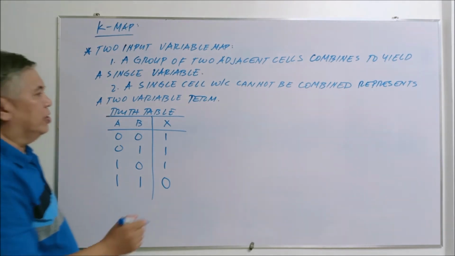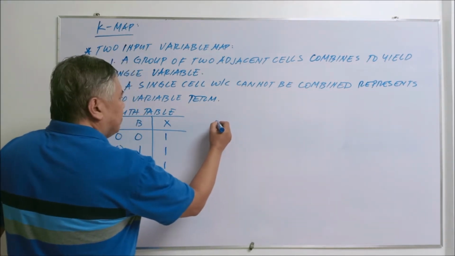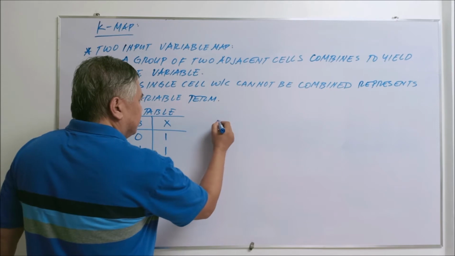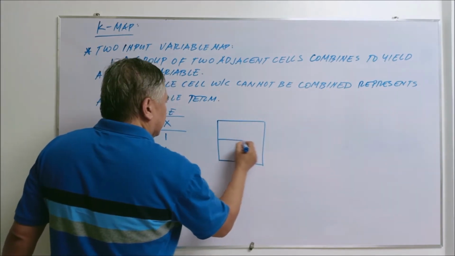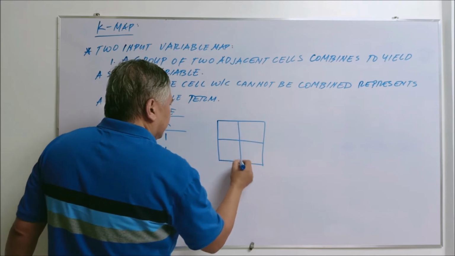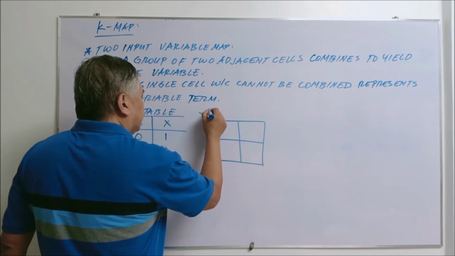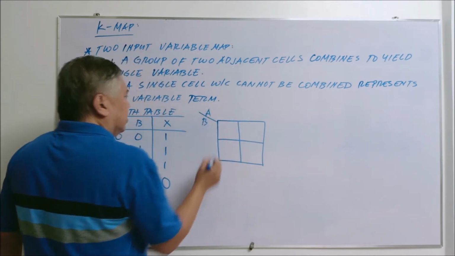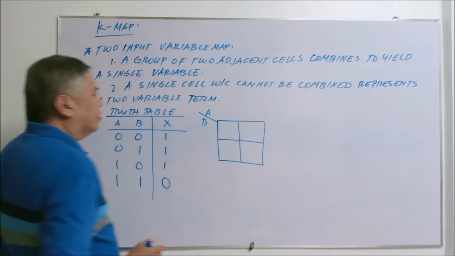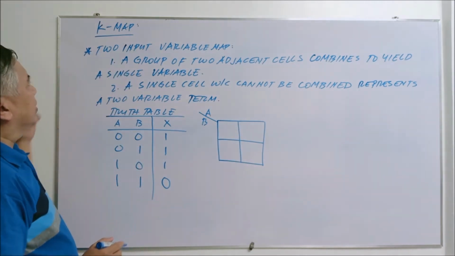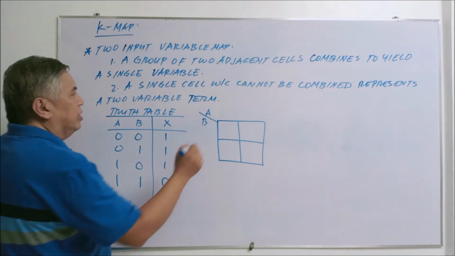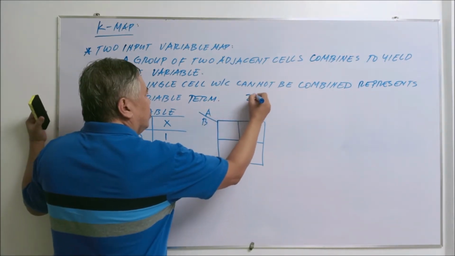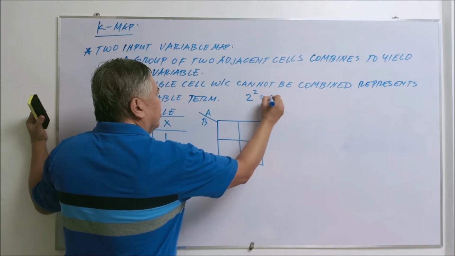Okay, so we draw a map. We have 4 cells. Okay, so why 4 cells? Because we have 2 input variables. So 2 to the 2 is equal to 4.